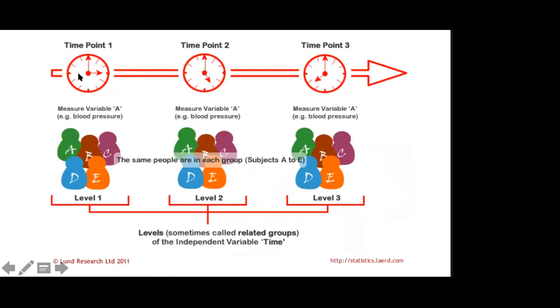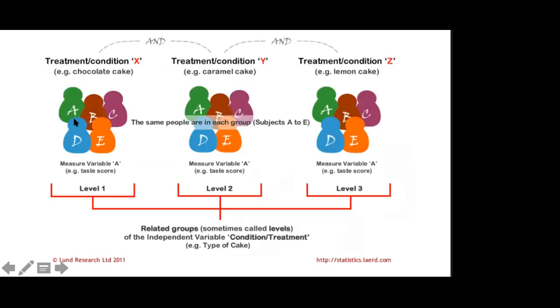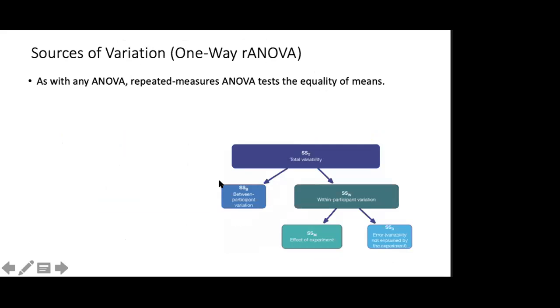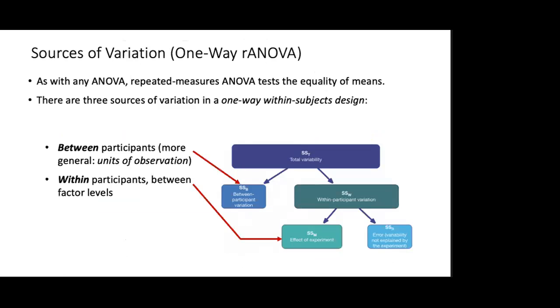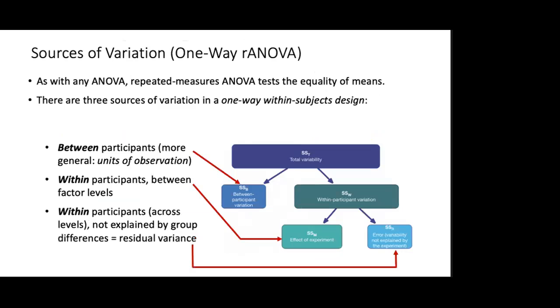That means probably across all the time points, their blood pressure levels will be higher, irrespective of the specific fluctuations across time. And the same here: person A might generally like cake much better than person B, so the ratings will be much higher because they're a cake fan, whereas person B is like a meat lover, right, who doesn't like cake. That is what is meant by between subject variation, right? These differences in baseline between participants.